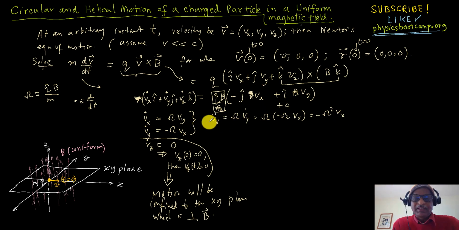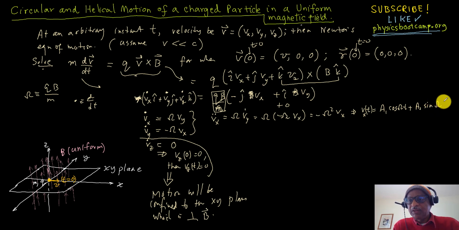This is a very famous equation, the equation that you deal with when you have a mass attached to a spring. So this has a very simple answer. vx at t is some constant a1 cosine omega t plus some constant a2 sine omega t.